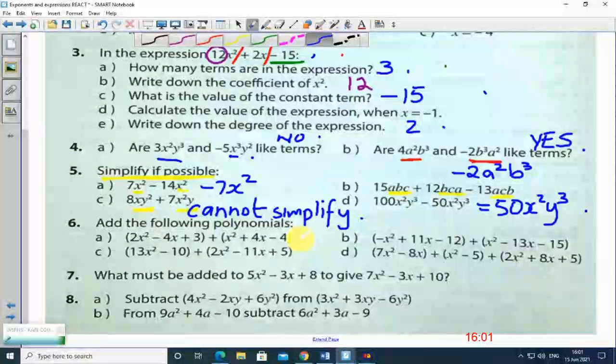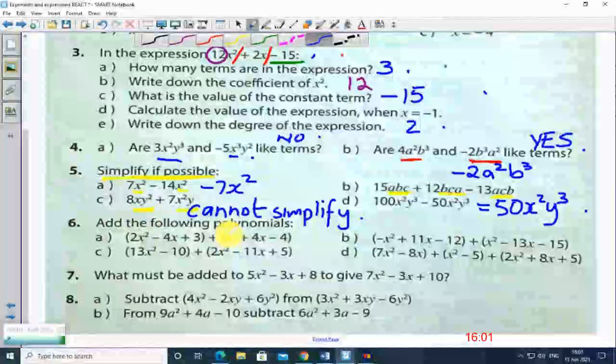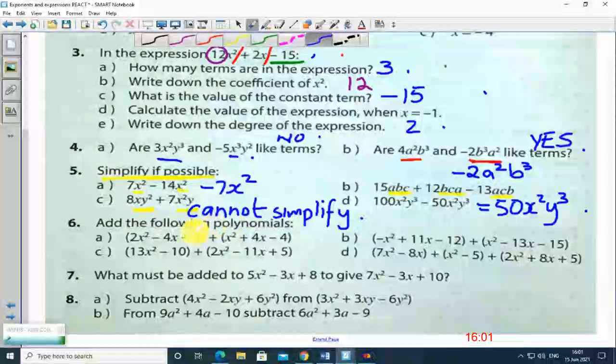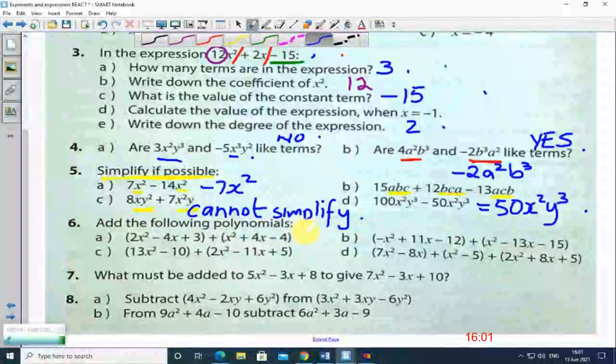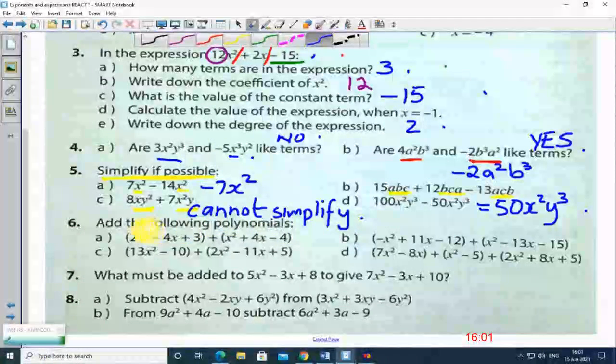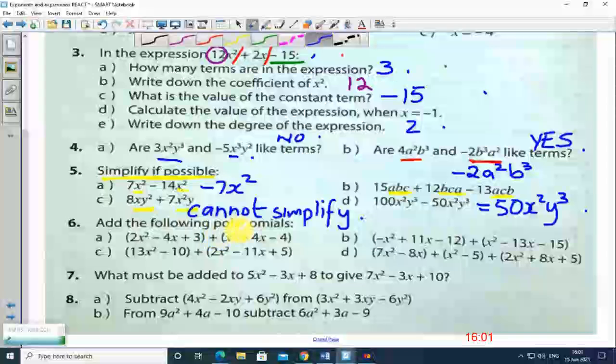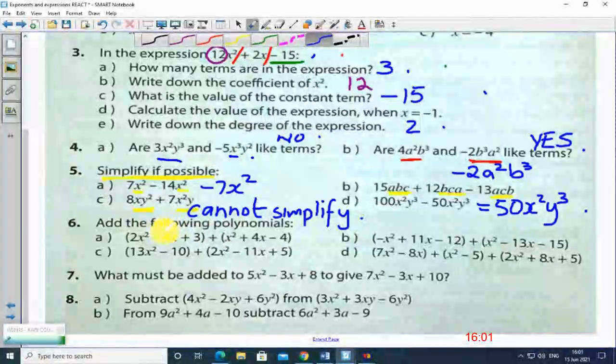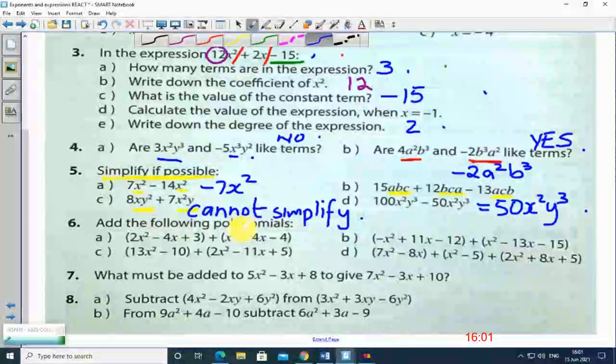If you had to add those polynomials, notice you would only be able to add the x squareds to the x squareds, and the x's to the x's, and the 3 to the minus 4. Alright. Okay, so x squareds, look, we'd have one of them, plus another one of them, we would have 3 x squareds. Then we'd have minus 4x, and then add 4x.